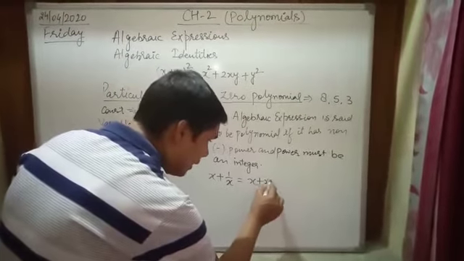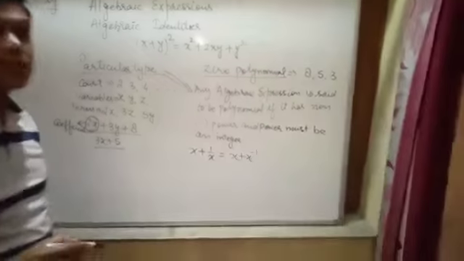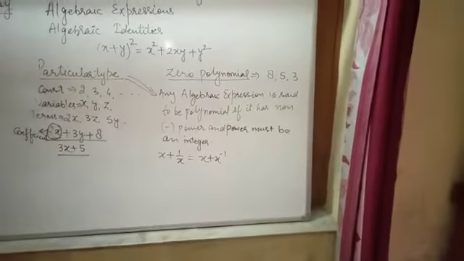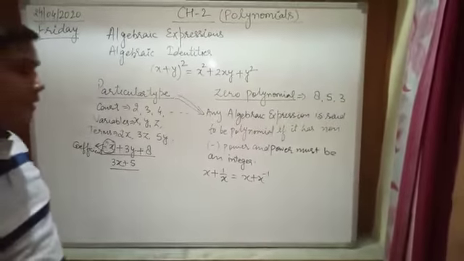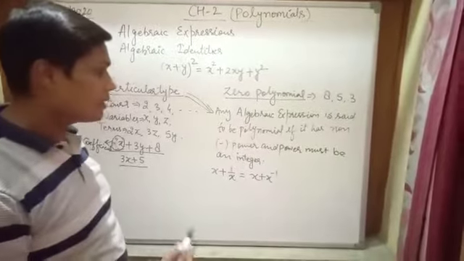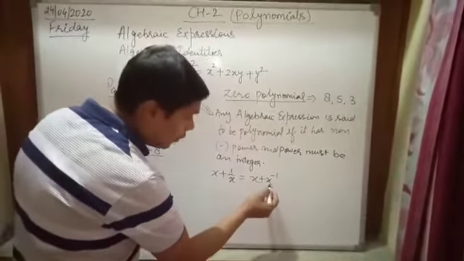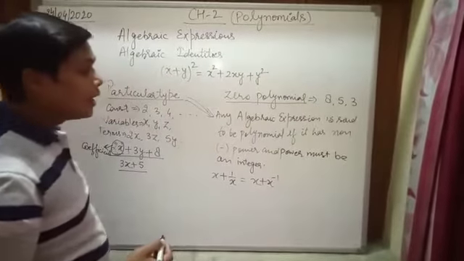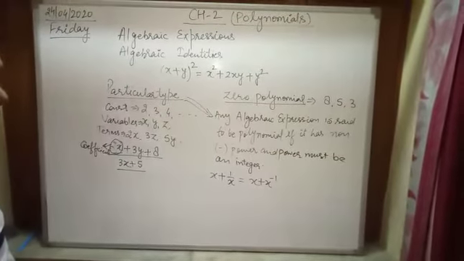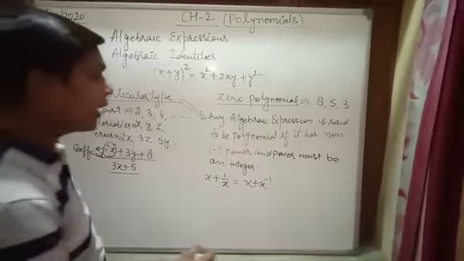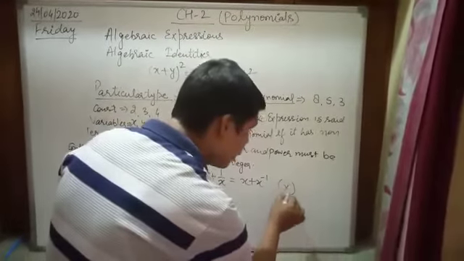We will write it as x plus x inverse. 1 by x is rewritten as x inverse. We are seeing here the power of x is negative. It is an integer but it is negative, so it is not a polynomial.